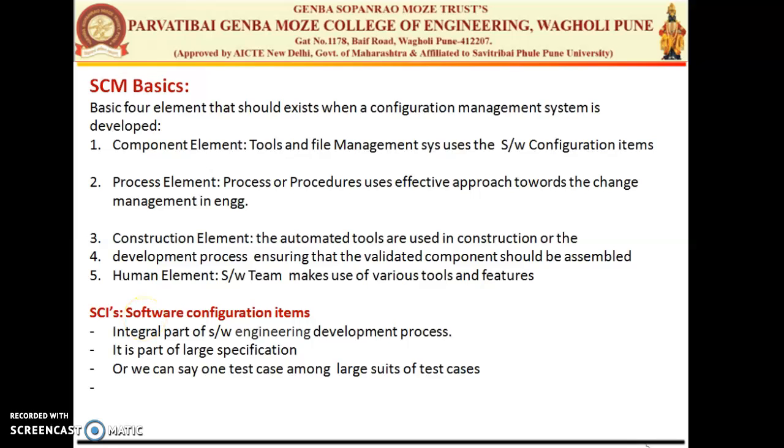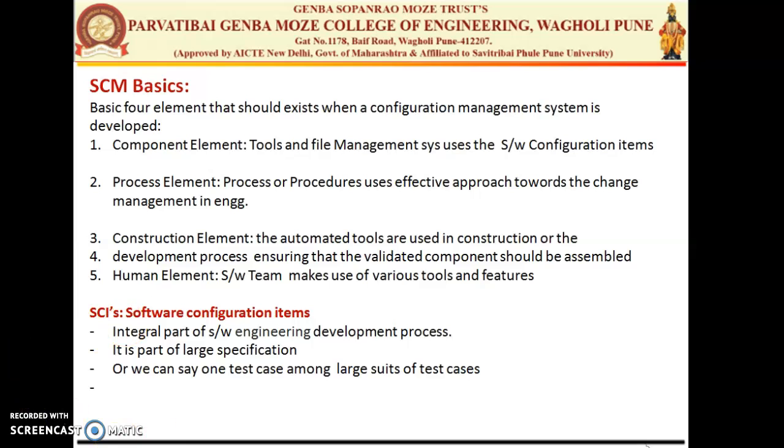It can be a simple test case, a single test among a large suite of tests, or, if there is a drum of balls, one ball is the software configuration item among the whole basket of balls. So that is your software configuration item. It is a small integrated part in a whole system.